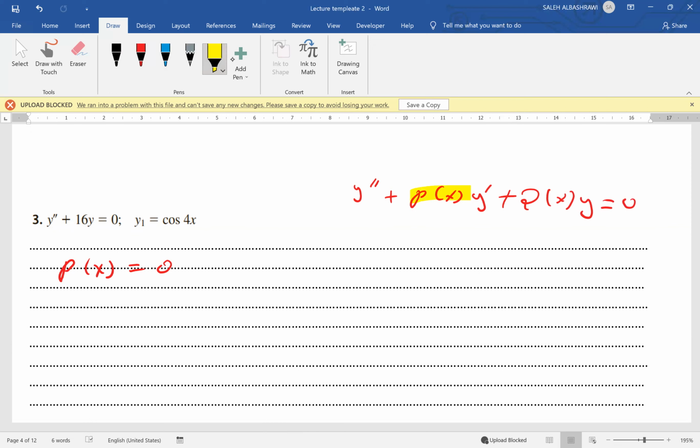So b of x is the coefficient of the y prime. And I don't have y prime in this equation, so b of x equal to 0, which means integration of b of x is just a constant, a constant c.